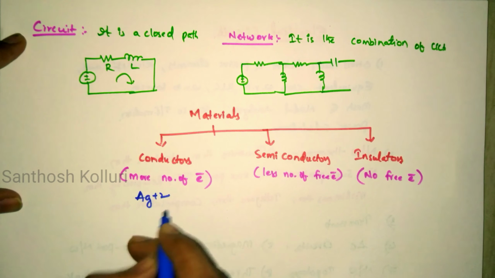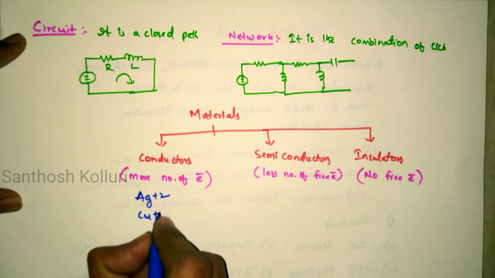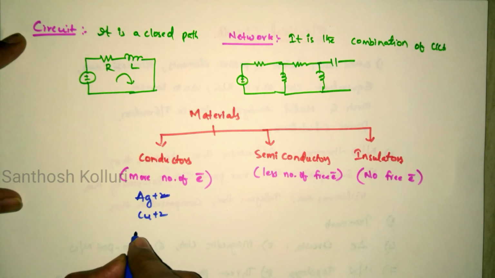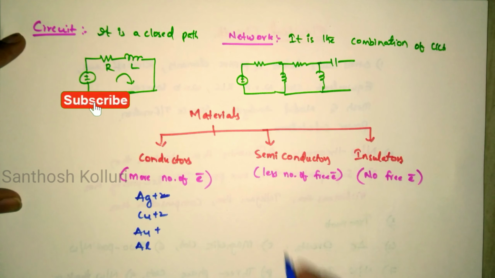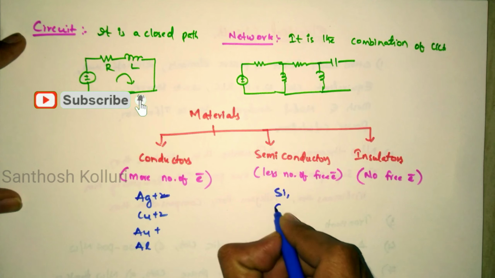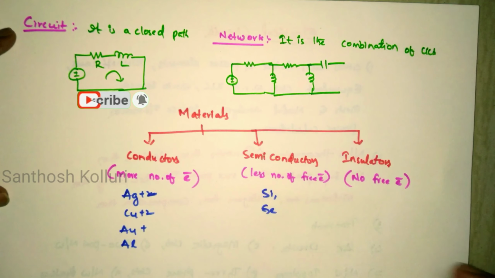Examples of conductors are silver, copper, gold, and aluminum. For semiconductors, we have silicon and germanium used for semiconductor applications.